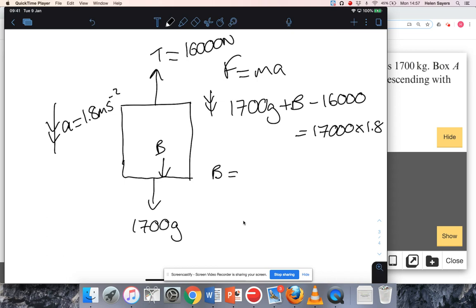Oops, I've got an extra zero there, haven't I? Let's just cross it out. It should only be 1,700. So 1,700 times 1.8 is 3,060, plus 16,000 minus 1,700 times 9.8.